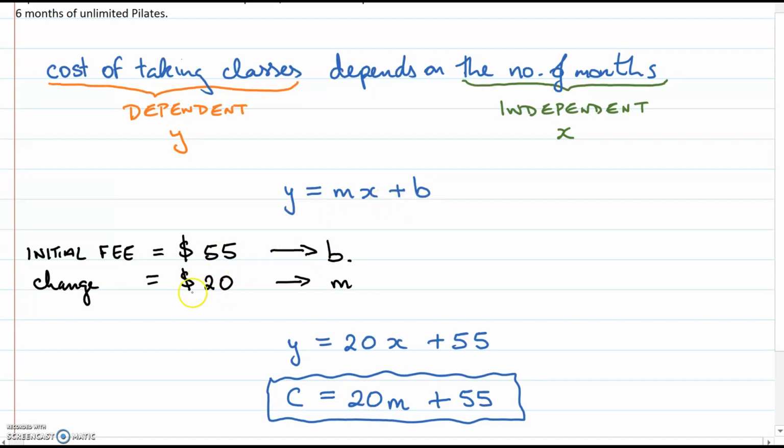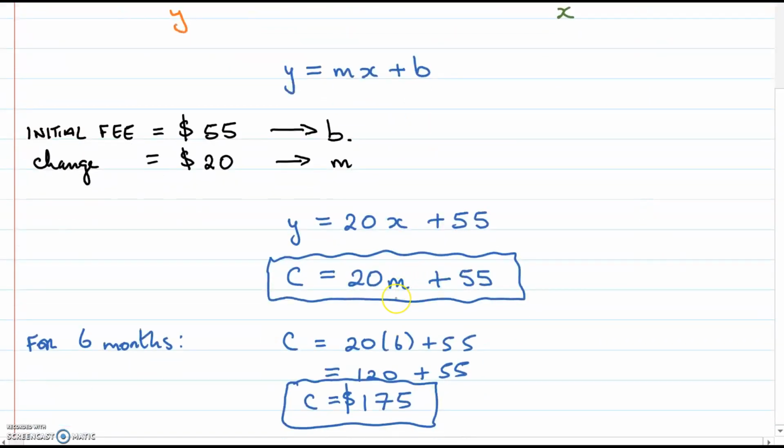And the monthly change, the way it changes every month, that's your m. Okay, so you get y equals 20x plus 55, and that's your equation. After that, we just tidied it up to make it more specific to this question. We used C for cost and M for the number of months. And once we had that equation, we then could use it to figure out cost for any number of months.